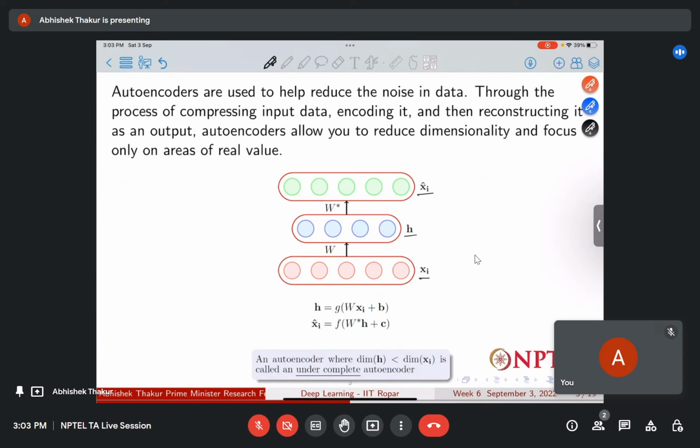When the number of neurons in the hidden layer is less than the number of inputs xi, this is known as an undercomplete autoencoder. If the number of neurons in the hidden layer is greater than the number of inputs, then this is the overcomplete autoencoder. In this, the number of neurons in the hidden layer is more.